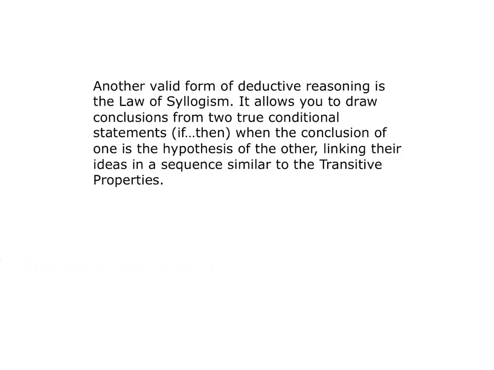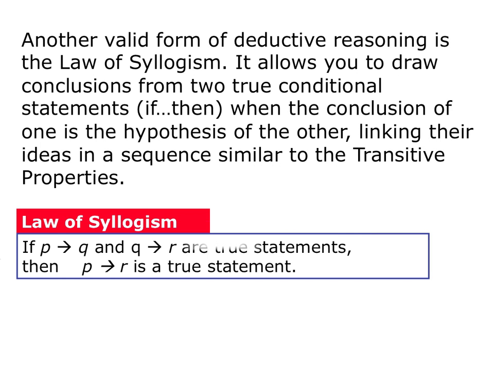So one correct thinking is law of detachment. Another one is called law of syllogism. Kind of a fun word, syllogism. This one reminds me of the transitive property. Law of syllogism: if you have an if P then Q statement and an if Q then R statement.